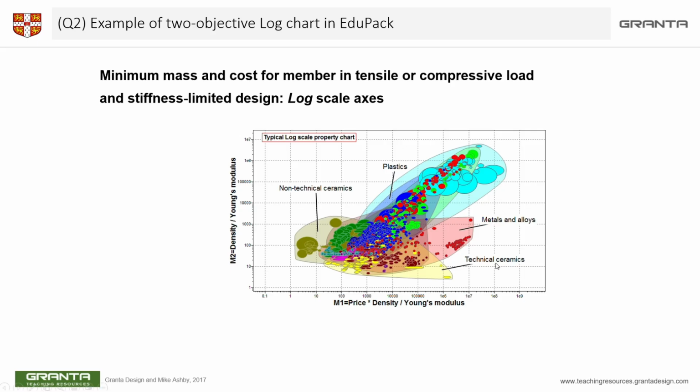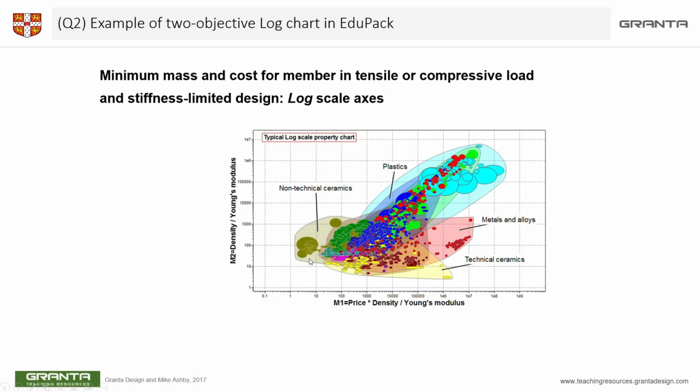Now the second constraint over here is, again, on Young's modulus, but the objective is to reduce mass. So this material index is exactly the same as the one that I was showing you previously. Now if you have these two objectives, and you are trying to find the best material for them, you need to define the penalty between the mass and the cost.